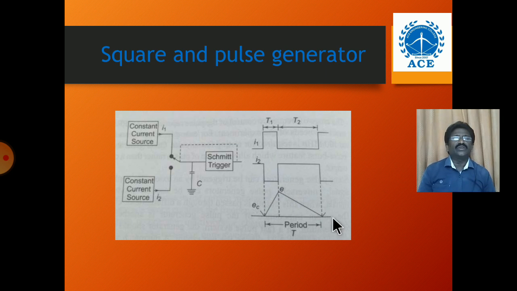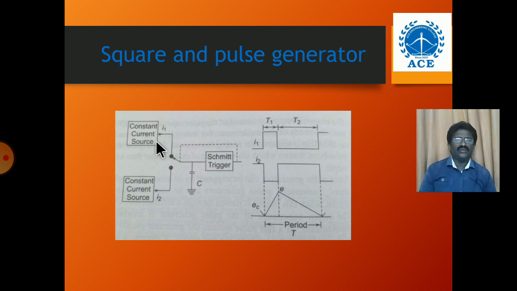As soon as the positively increasing ramp approaches a predetermined upper limit that is set by the internal elements of the circuit, the Schmitt trigger changes from one state to another.